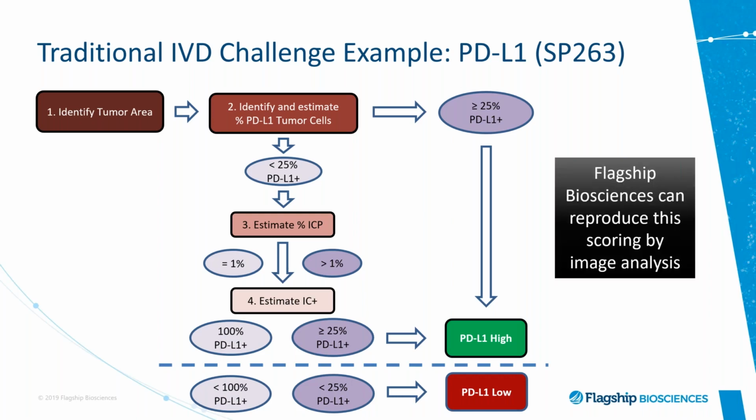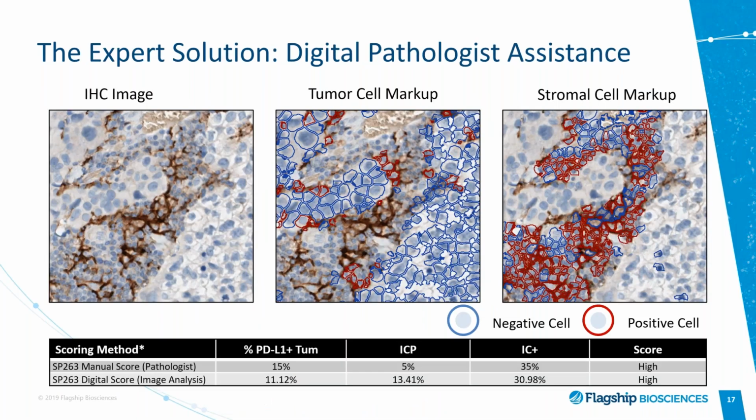Now, Flagship Biosciences can reproduce all of these scoring paradigms by image analysis. This slide represents an example of the typical workflow Flagship would do when we are presented with a PD-L1 stained slide, or for that matter, any marker stained slide.